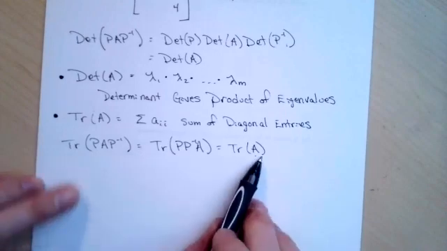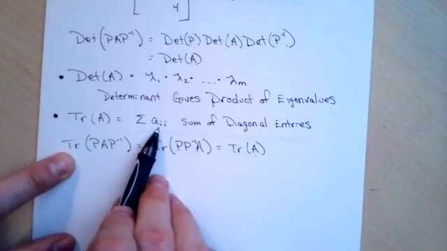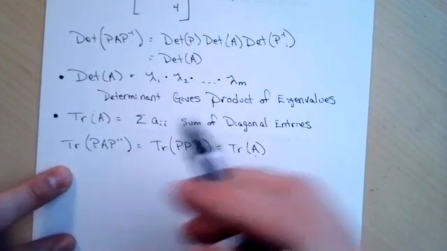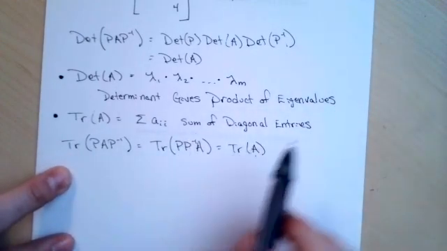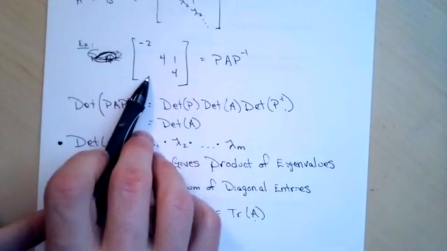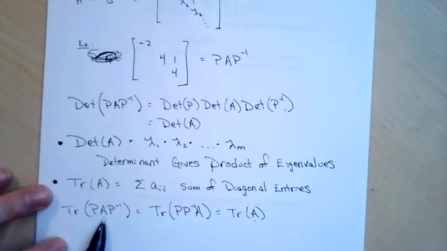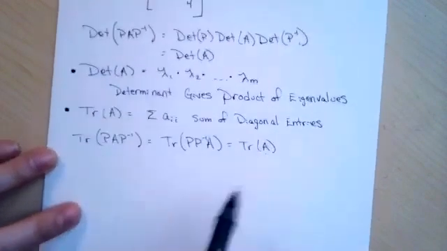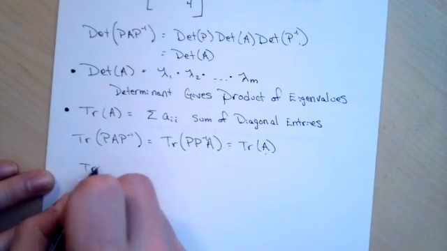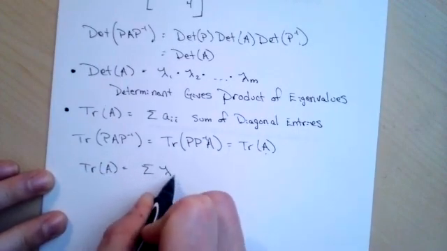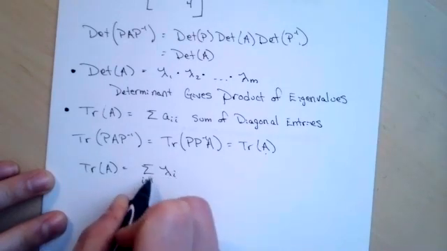And so what does this show? Well, no matter what matrix I start with, if I add up all the diagonal entries, it's going to be the same as if I diagonalized the matrix or attempted to diagonalize the matrix and then added those diagonal entries. And we know that those diagonal entries is going to give me the sum of the eigenvalues.